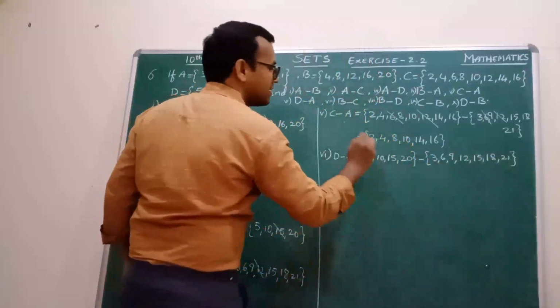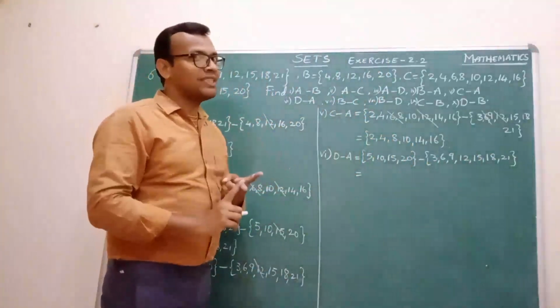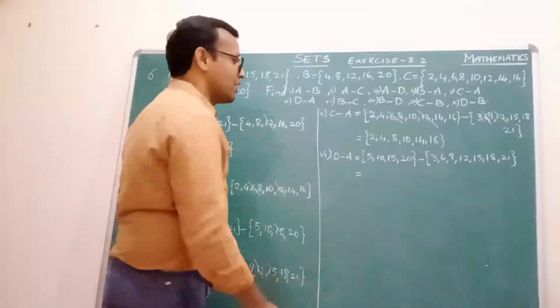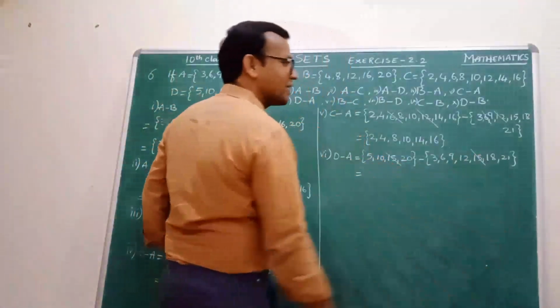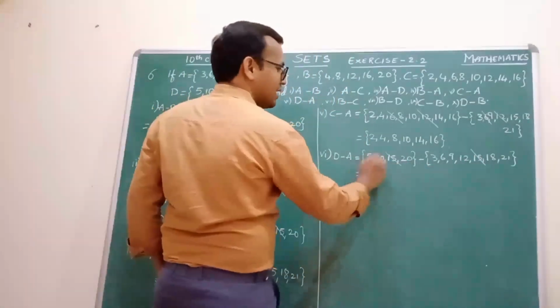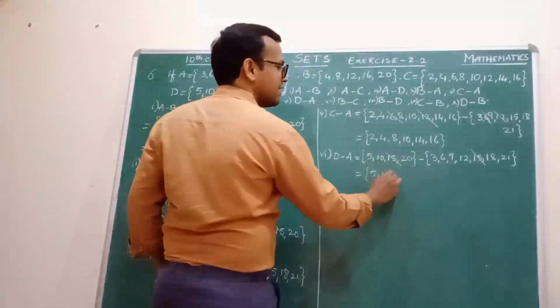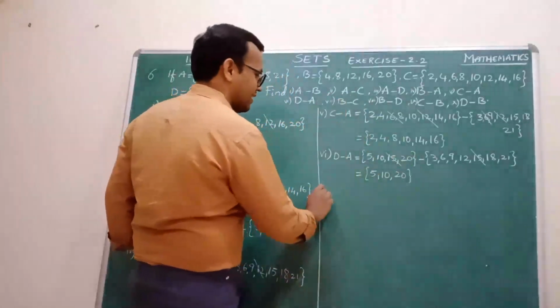Now what is the thing that we have to do? Cancel the common elements and list only the elements which are left in the first set. Now cancel the common elements. 15 is the common element. Yes, that is the only common element. Now what elements are left in the first set? 5, 10 and 20. That's it. Now this is D minus A.